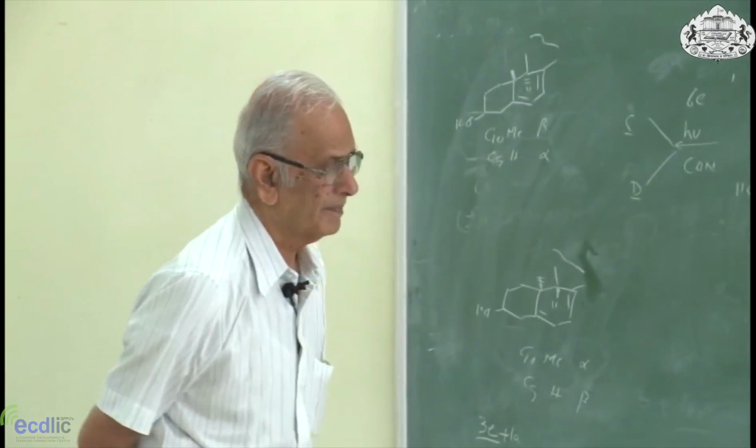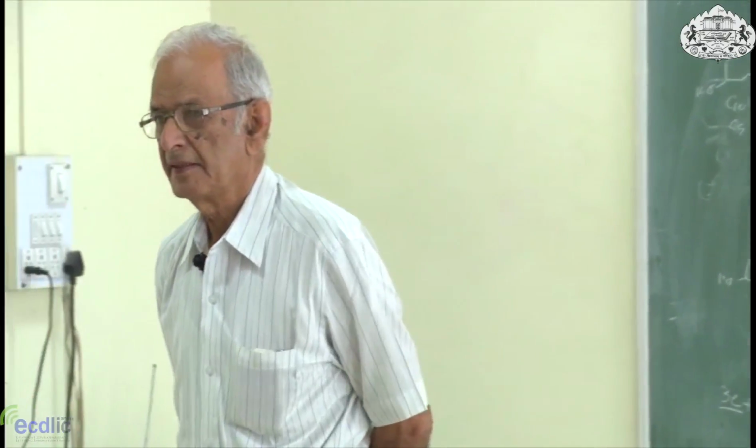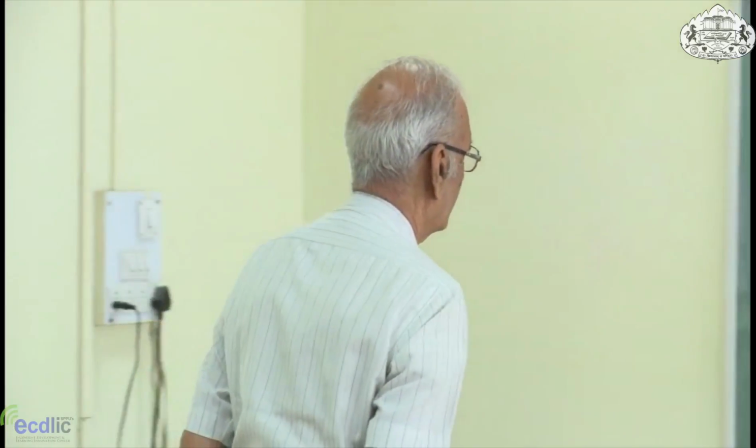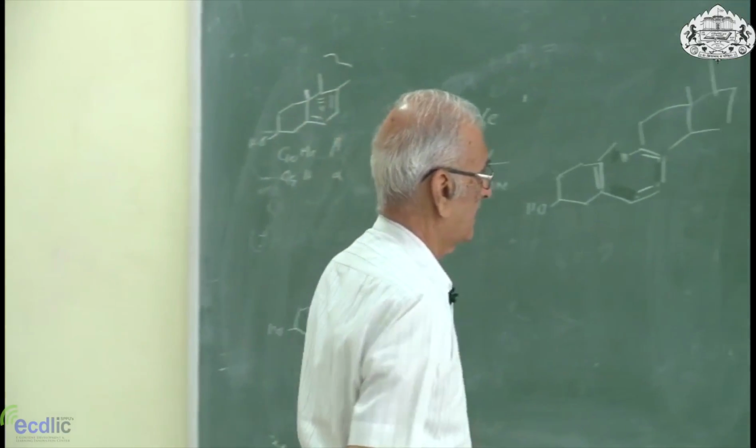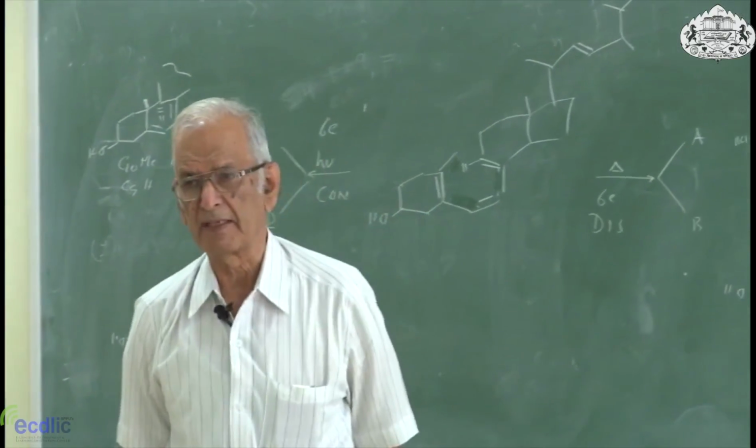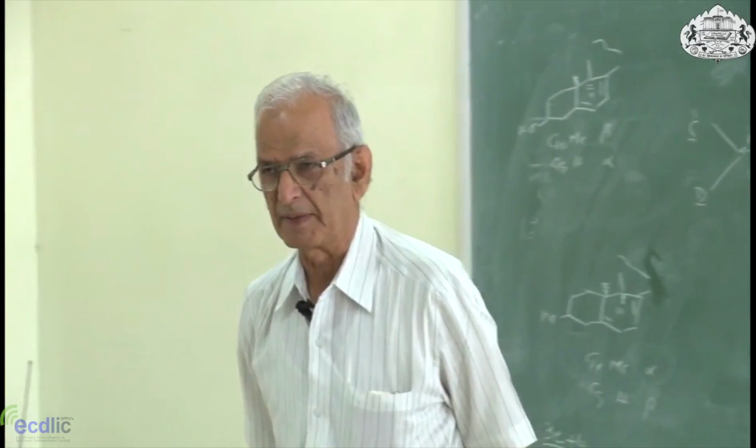What is our principle? In the thermal reaction, you are always going from less stable to more stable. Why is this more stable? It has more sigma bonds, therefore it is going to be more stable. In your photochemical reaction, what is the principle? You are going from more conjugated to less conjugated.